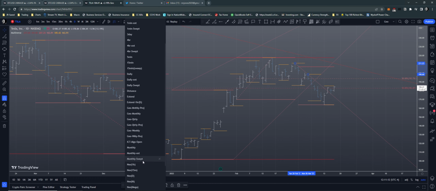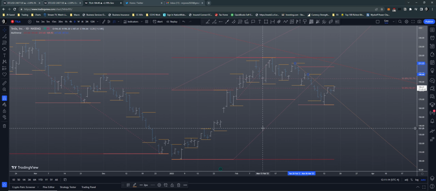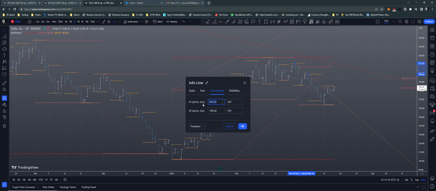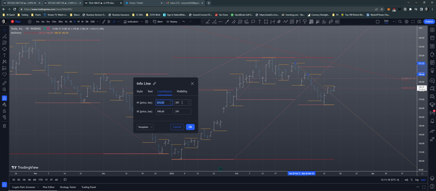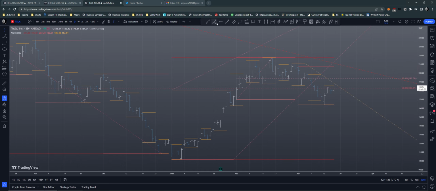Now we are going to draw the weekly, same as before, and since price went down, it will be resistance on the leading edge. And so we do the same for support and for resistance.